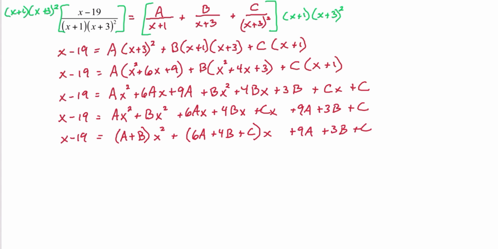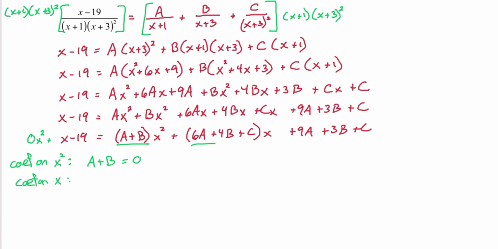Next, we'll set up the system of equations. We need coefficients on x squared. On the right, the coefficients on x squared are A plus B. We'll set that equal to the coefficients of x squared on the left side. We don't see anything. Think of that as 0x squared, so that's just 0. Then we'll do the same thing with the coefficients on x.